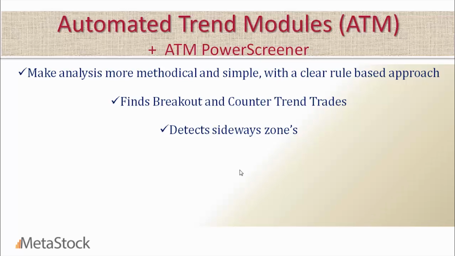One of the best parts about the ATM is its ability to detect sideways zones. It analyzes the market situation for you and lets you understand if the market is dormant, active, or hyperactive. I think we all understand that if we trade excessively in sideways and dormant modes of the market, we tend to get whipsawed, which really ruins the bottom line.